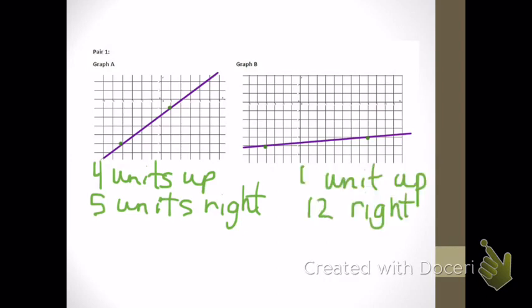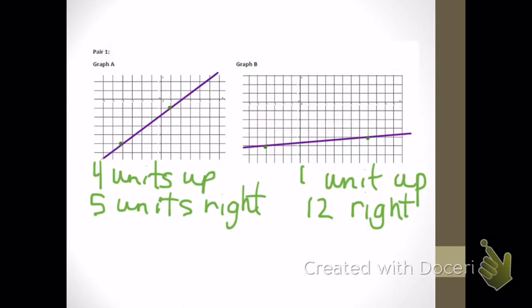And for graph B, I'll be going up 1 unit and then way over 12, okay? So not very much rise. The graph doesn't rise very much for a long way across. So that's not so steep, right?